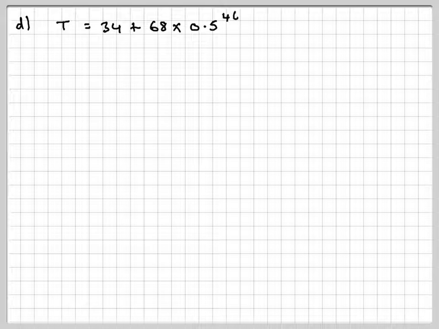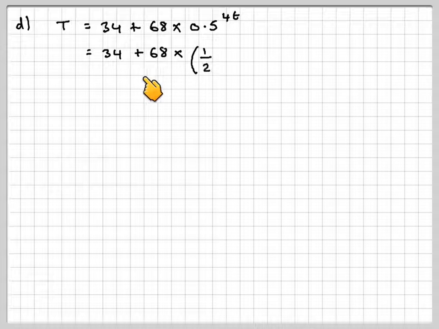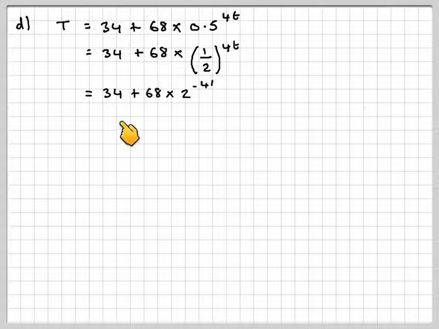Okay, now we need to find the temperature which it eventually cools to. So we've got T is equal to 34 plus 68 times 0.5 to the 4t. Now, if we rewrite that as 34 plus 68 times a half to the 4t, then that is 34 plus 68 times 2 to the minus 4t.